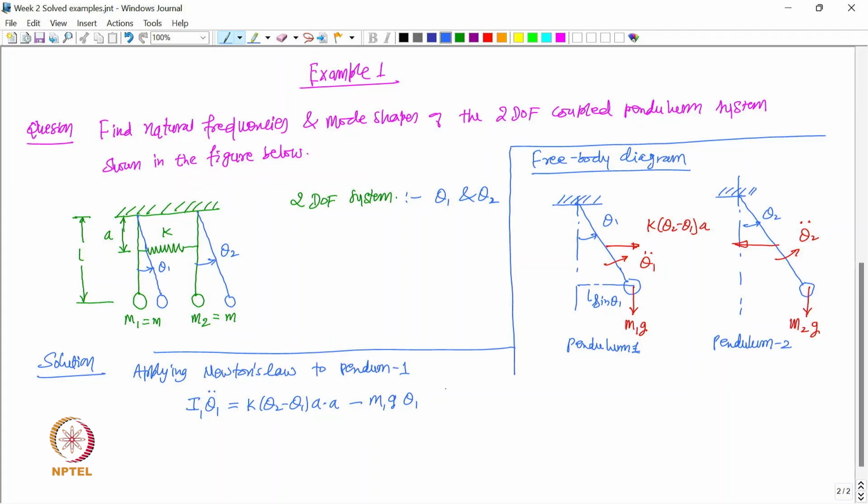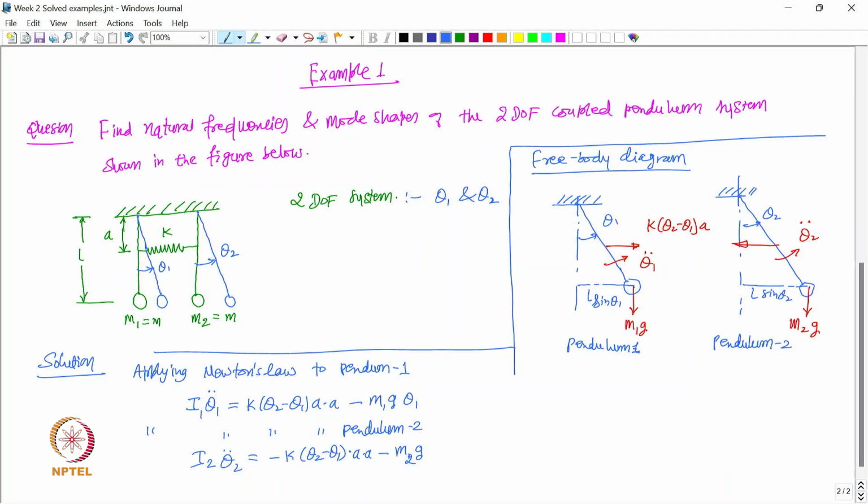And then this is the equation for the first pendulum, and then for the second pendulum, let us apply Newton's law to pendulum 2. We can write down I2 theta 2 double dot is equal to, now the spring force resists the acceleration of pendulum 2, so we will have a minus sign here, minus k theta 2 minus theta 1 into a, correct, and then similarly we will have m2g, and this length here is L sin theta 2, right.